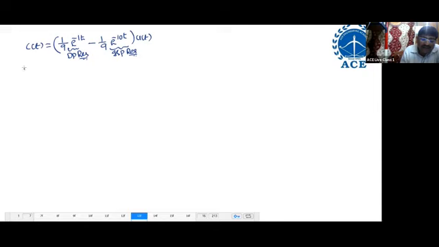Now I'll draw the response. Axes: t and C of t. At t equal to 0, it starts at 1 by 9. At t infinity, e power minus infinity is 0.